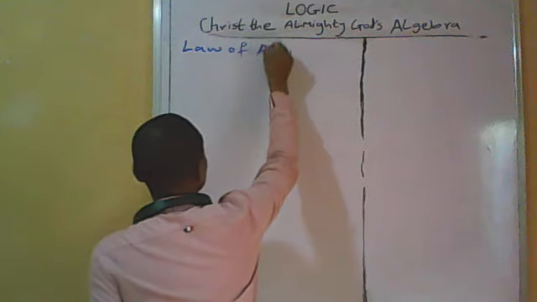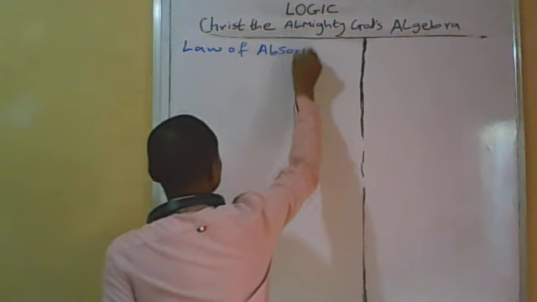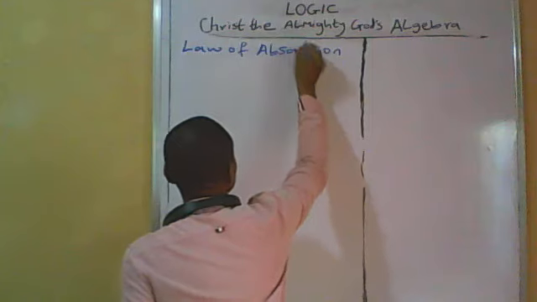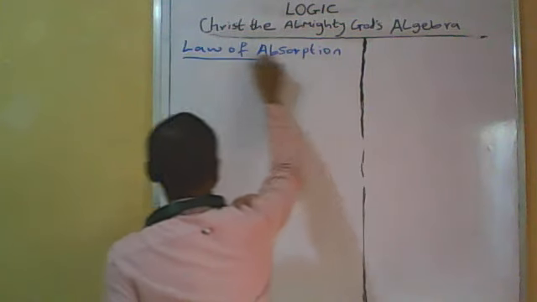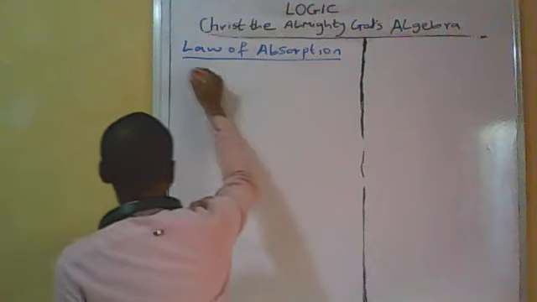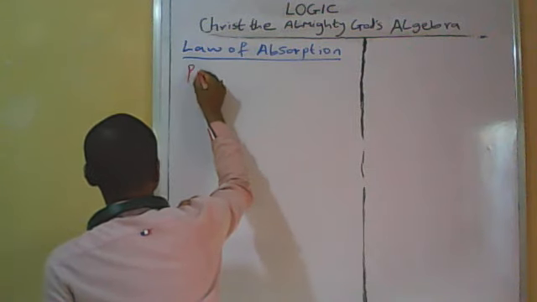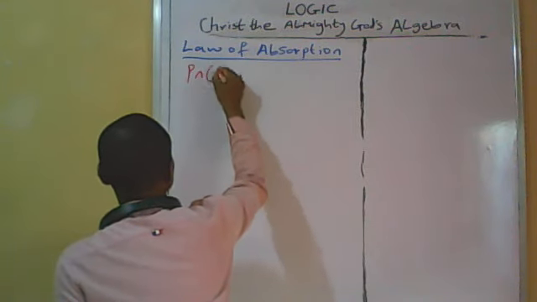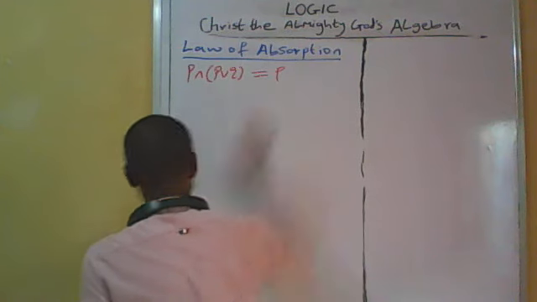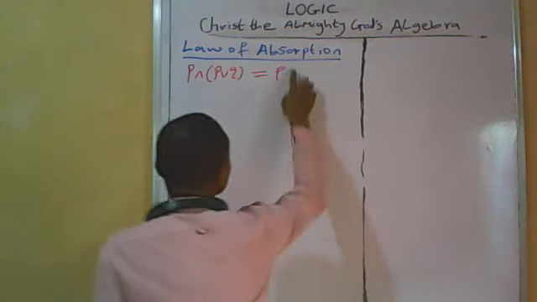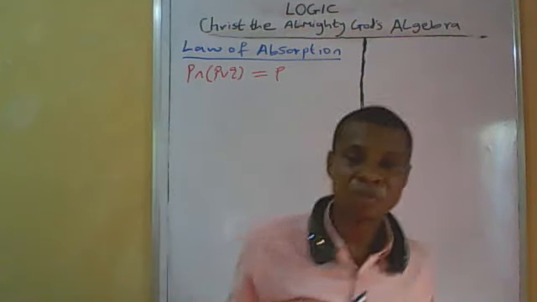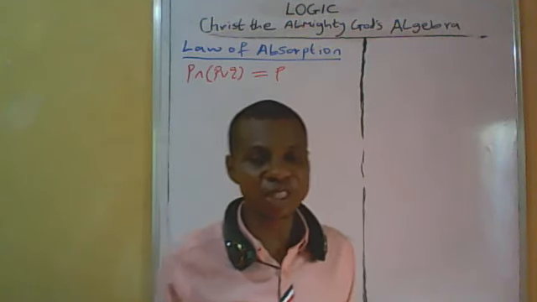Law of absorption: P and bracket P or Q is equal to P. So this is an example of law of absorption by conjunctive statement.